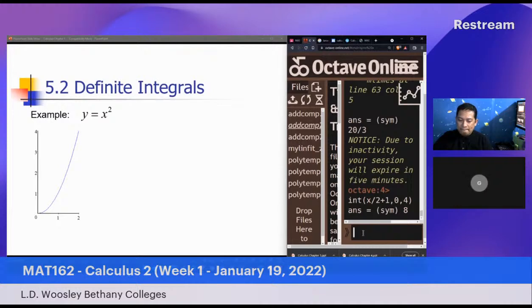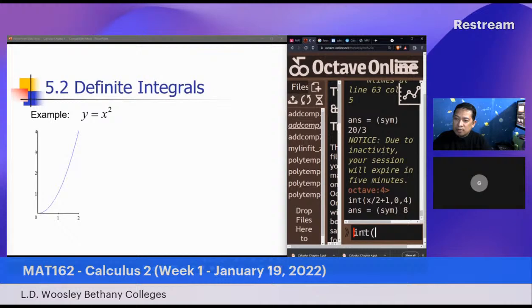8/3 po, sir. Ay, 8/3. Okay, let's try. Tingnan natin dito.